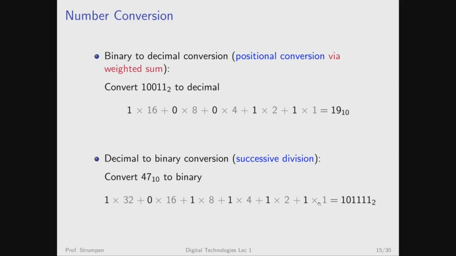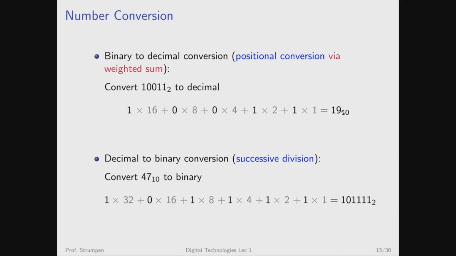And the last power of 2, 2 to the 0 equals 1, fits once into 1. So we have a 1, and nothing left. Now, all we have to do is collect all these ones and zeros in that sequence, and we get the corresponding binary number. 47 in decimal is 101111 in binary.